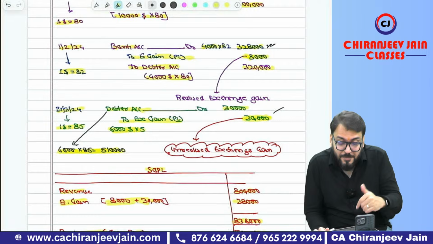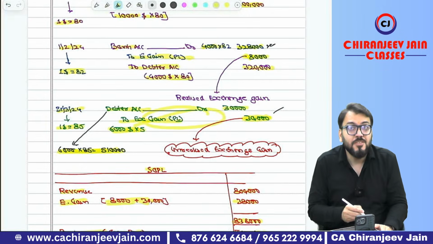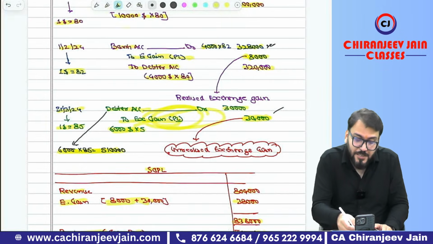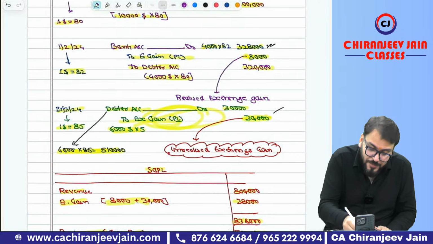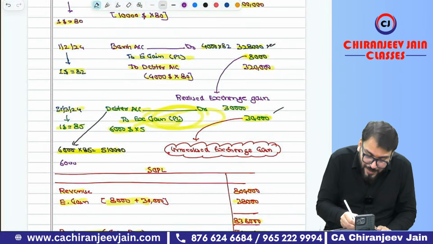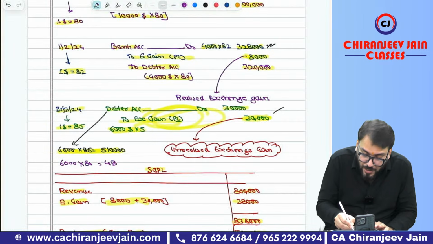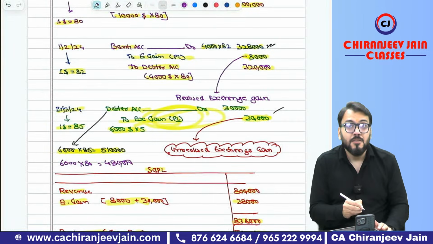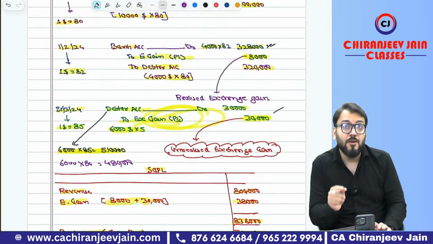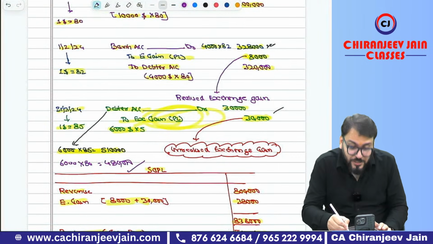So can you see, it means this journal entry got reversed. If this journal entry got reversed, then your debtor becomes 6,000 into 80, which is 4,80,000. Therefore now you should compare opening debtor with this closing debtor.